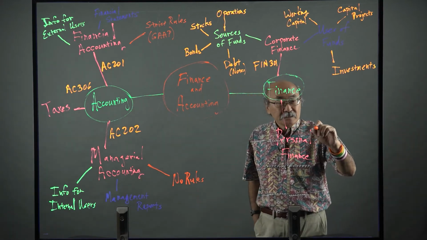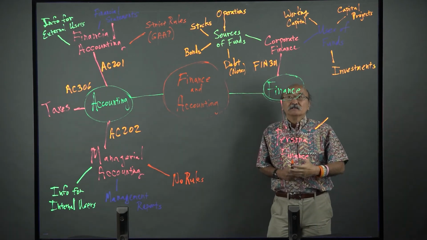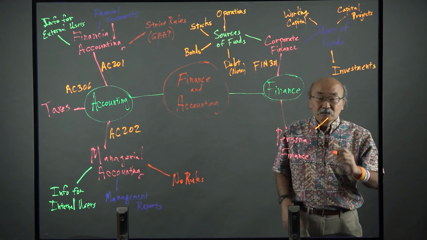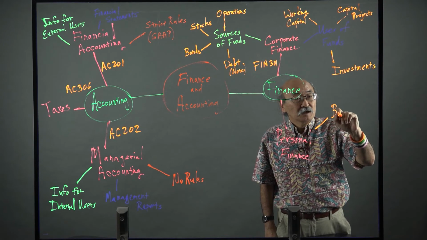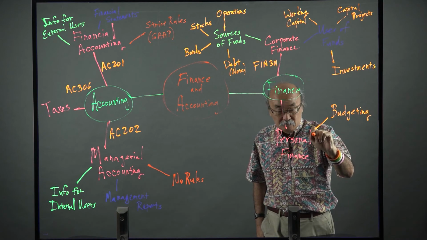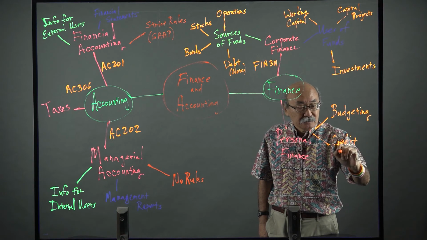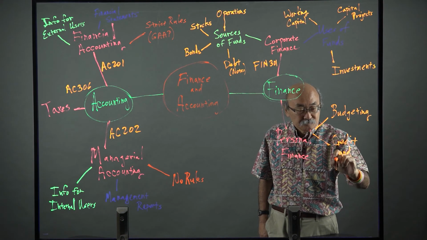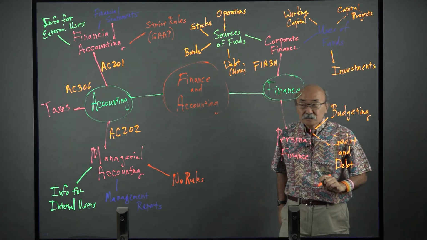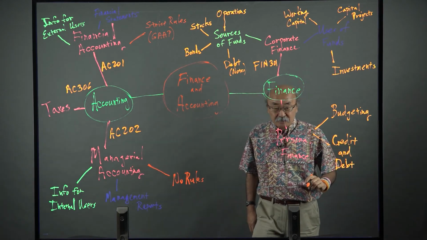In the area of personal finance, this is how individuals get funding and how individuals use funds. And this topic includes such areas as budgeting, credit and debt. So borrowing money from banks, credit card usage, buying a house or a car, okay, that type of thing.